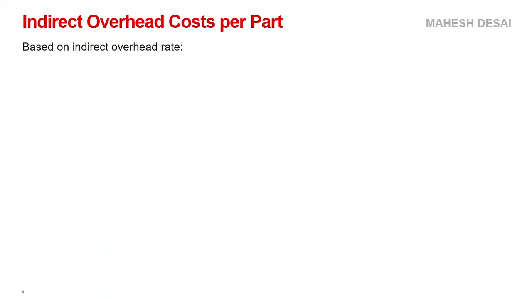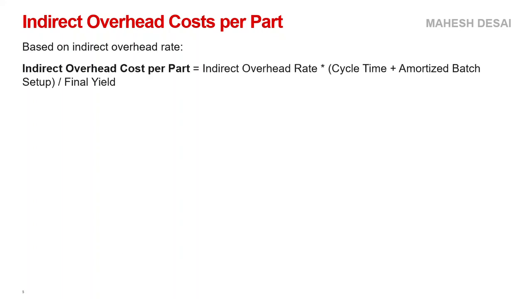So indirect overhead cost per part. Here a priori calculates based on two formulas. Based on indirect overhead rate, indirect overhead cost per part is indirect overhead rate times cycle time plus amortized batch setup, divided by final yield.